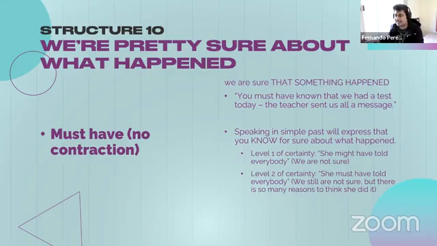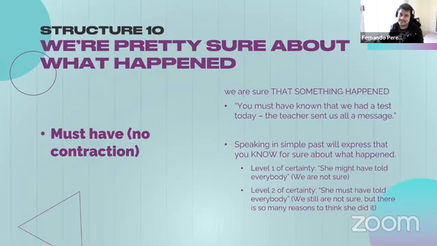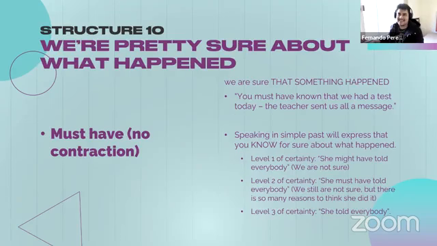And the level 3 of certainty, the simple past. She told everybody. You are sure. There is no other supposition anymore. You see how important is the difference between these three? What a great example.